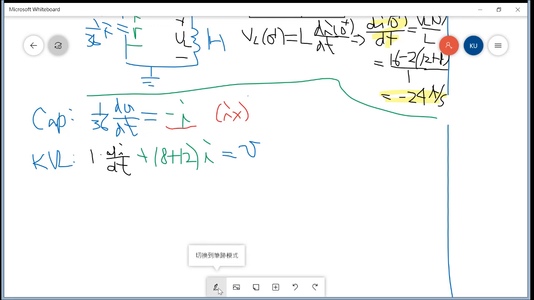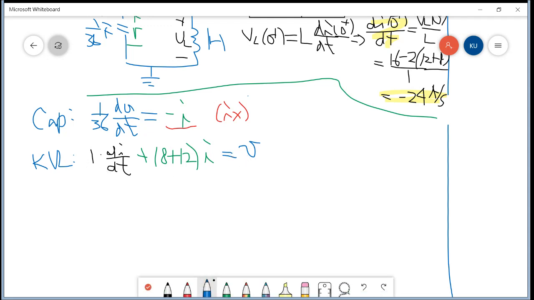We can take the derivative of this one. So we'll have the second derivative of I plus A plus 12 is 20, and then we take the first derivative. So we have di/dt, and then minus dv/dt, should be dv/dt.